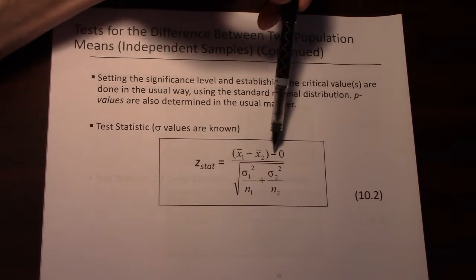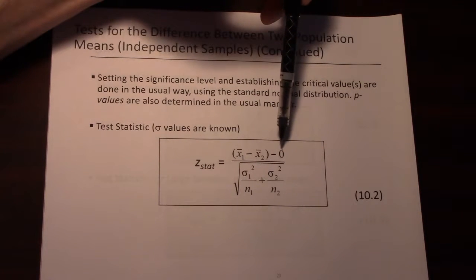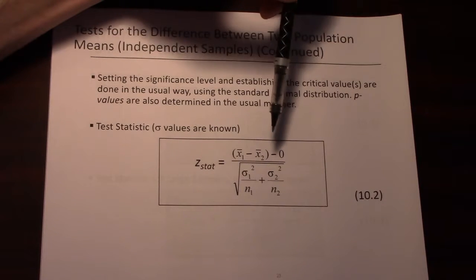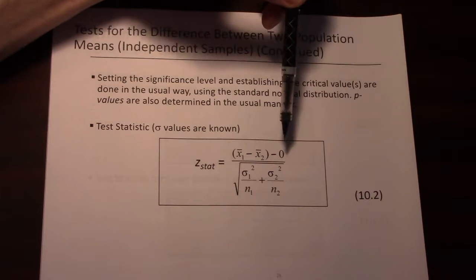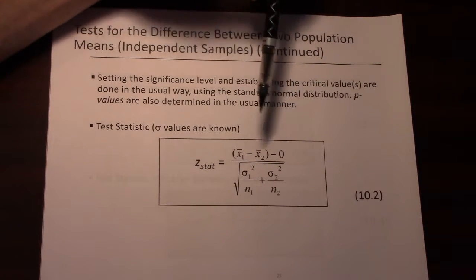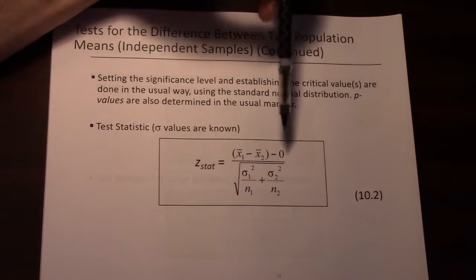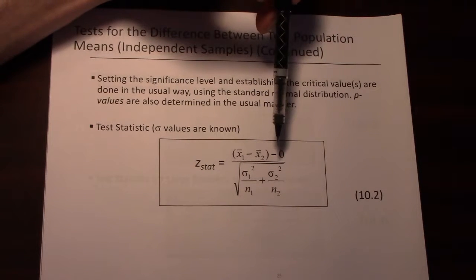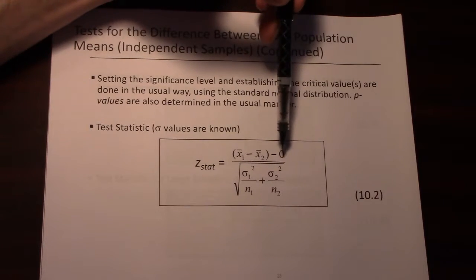And then we subtract off 0, because as you recall, in all of the tests we use in this class we're going to use a null hypothesis that the difference is equal to 0, or the difference is greater than 0 or less than 0. We could use other numbers. I gave the example, we want to test a null hypothesis that the difference is 15,000. So we could put 15,000 there if we wanted to, but for our purposes, as we get used to this, we're just going to say the difference is 0.